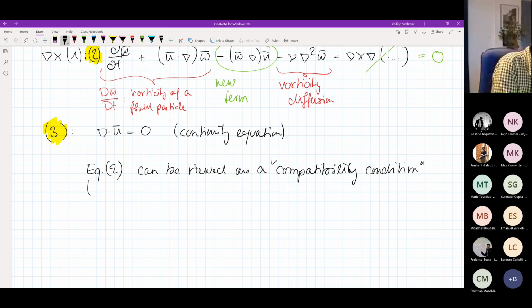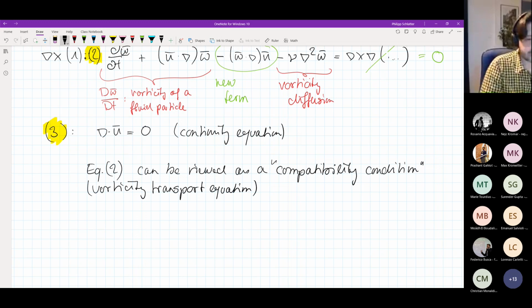And this compatibility condition is exactly this vorticity transport equation, what it actually is. This can be assumed as a compatibility condition without actually having the pressure in it.